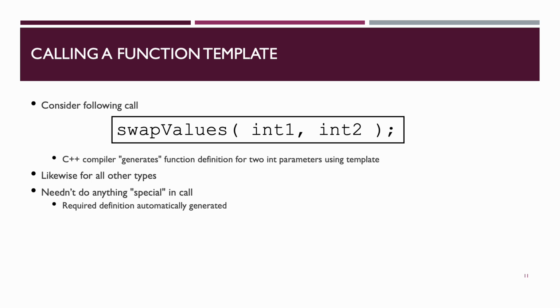No special syntax required here. You don't need to do anything special when calling a function template. The compiler handles the generation of the required function definition based on the types of the arguments passed.